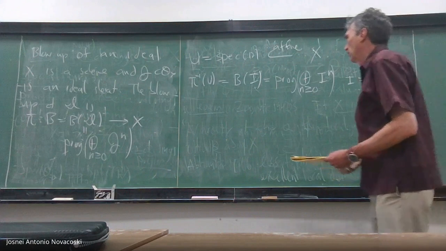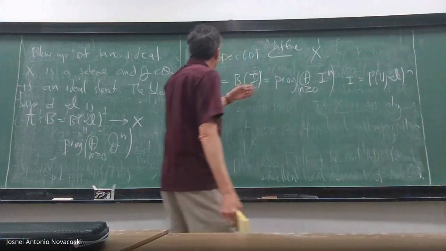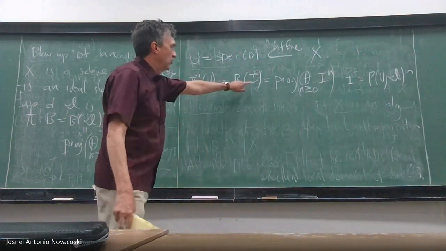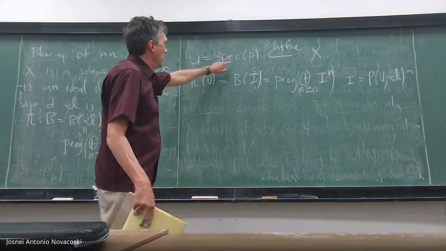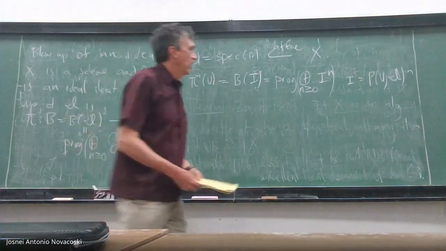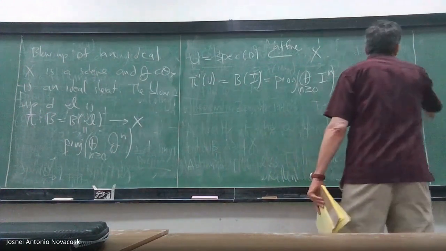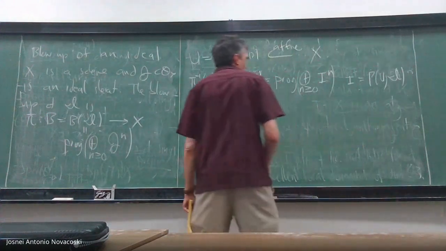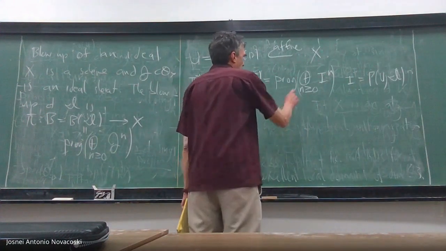This is really what happens when you restrict the sheaf I to this ring R. Okay, so it has this rather simple form, or at least simpler form. So what is this thing?